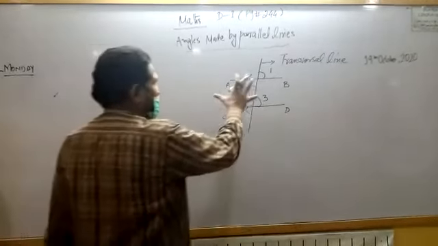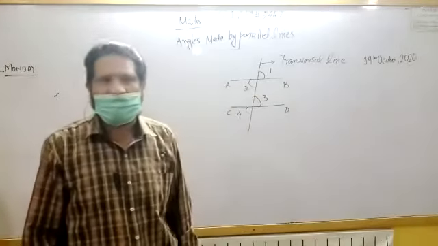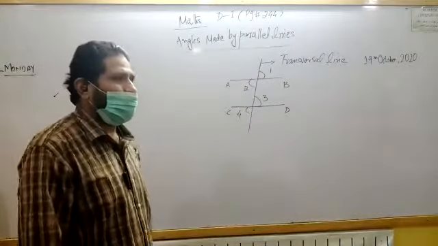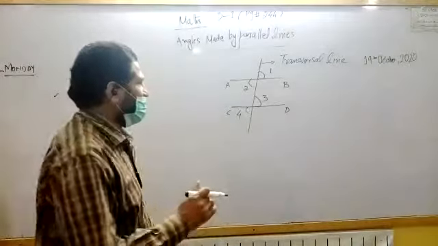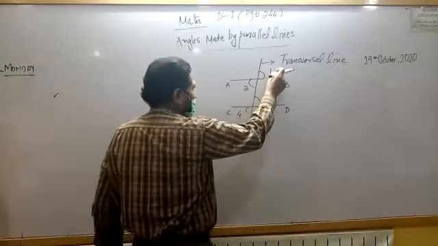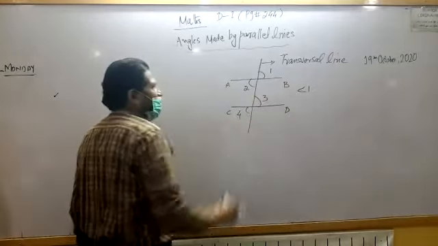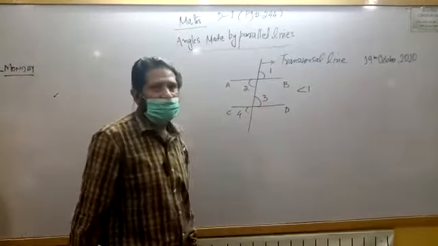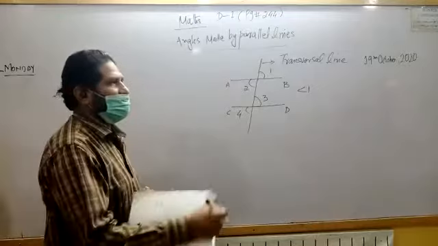So these angles have a specific connection, a specific relationship with each other. Due to that relationship, we name them. For example, if you see angle number 1 and angle 3, they are on the same position and same direction of this transversal line.